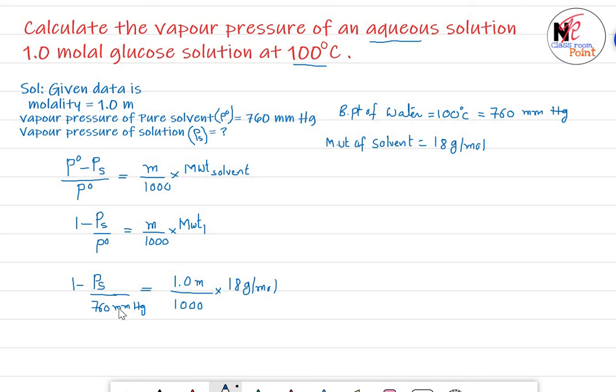Now let us try to rearrange everything over here. You bring the Ps by 760 millimeters of Hg to the right hand side, it becomes plus, and the whole value becomes the minus of this one. Okay, so let us try to solve that.